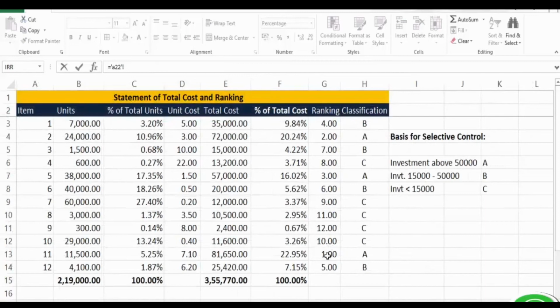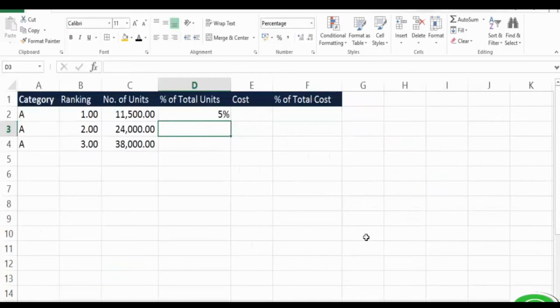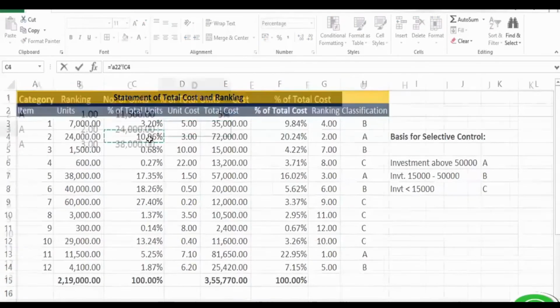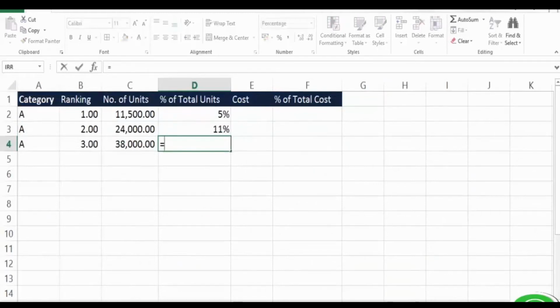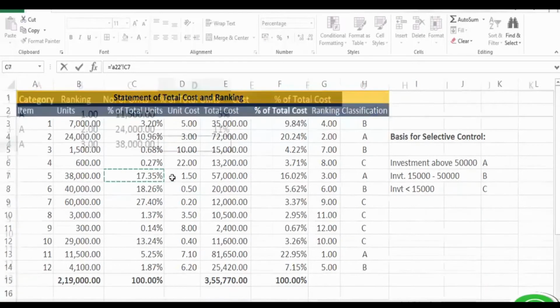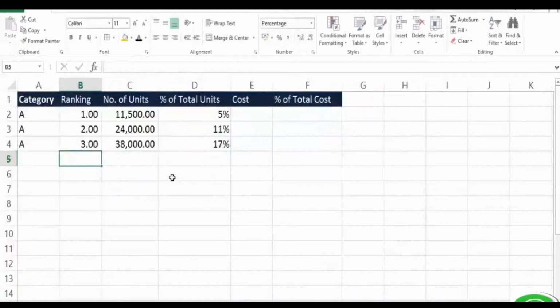Say for the first rank, the percentage is 5.25, and for the second rank it is 10.96, and for the third rank, let's pick up third rank, it is 17.35. Okay, so how many items we have? Let me say total, hardly we have 3 items, right? We have 3 items. Let me put it, it's 3.